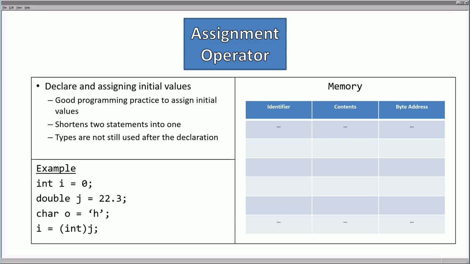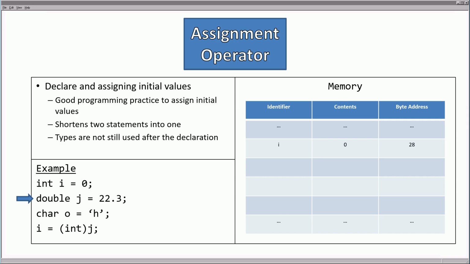First thing right here, this part is the declaration. This is what we saw before. This basically creates this identifier at this byte address and go ahead and assigns it to the default value 0. Now this part is the assignment. We assign I to the value of 0, which isn't that exciting because it's already 0.